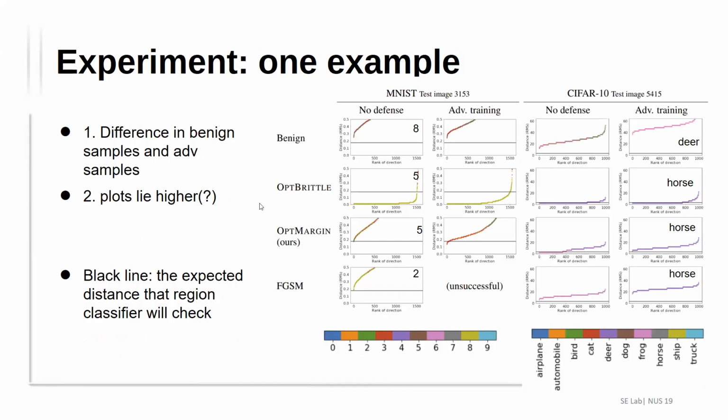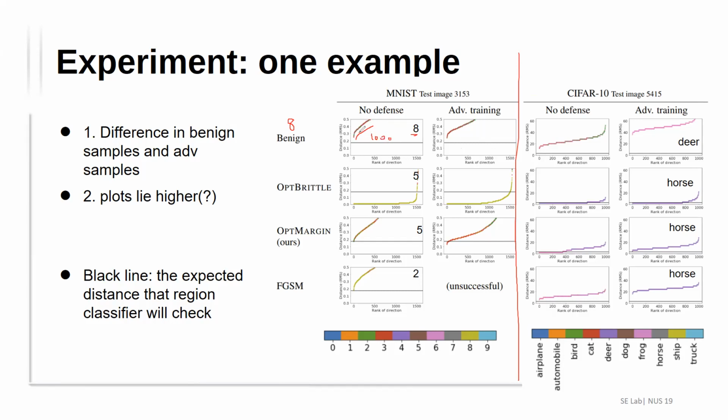So this is the experiment from one sample. Let's first look at the MNIST dataset. The benign sample has the label of 8. How do you interpret it? Because they have 1000 random directions, here they would have 1000 dots.